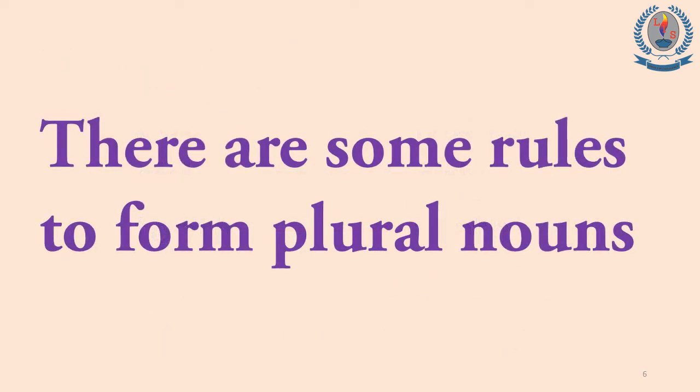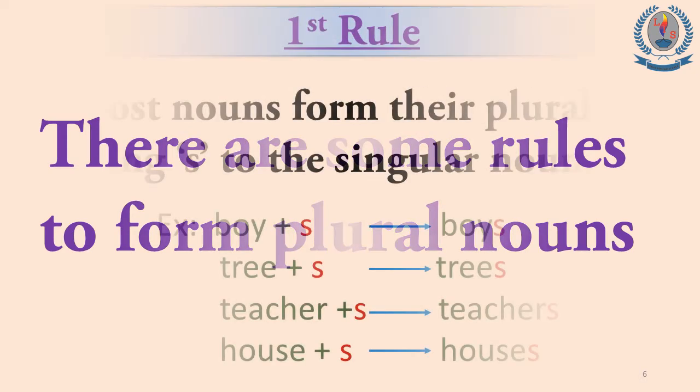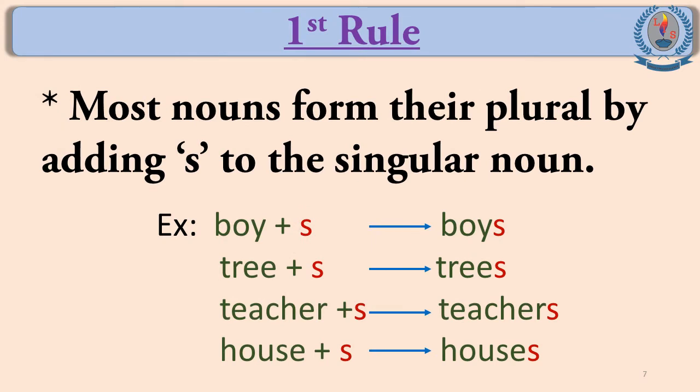There are some rules to form plural nouns. Let's see what they are. First rule. Most nouns form their plural by adding s to the singular noun. Look at the examples.